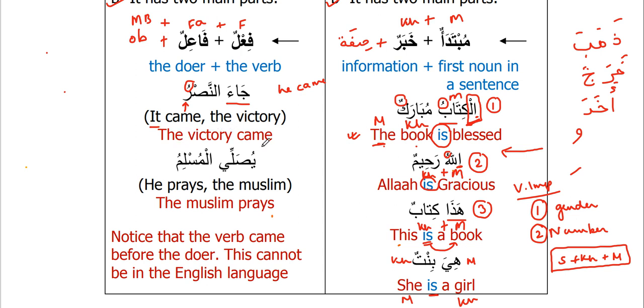So the first one is our verb. Ja'a is the verb. Immediately after the verb, you will look for the fa'il. The recognition point of the fa'il is that you will see the dhamma on the last letter. And this is the proof that an-nasr is the fa'il. Seeing ja'a, as I told you, ja'a or dhahaba or akhadha, all those past verbs will have fatha and three letters.